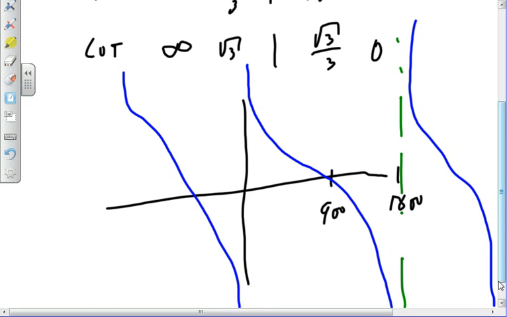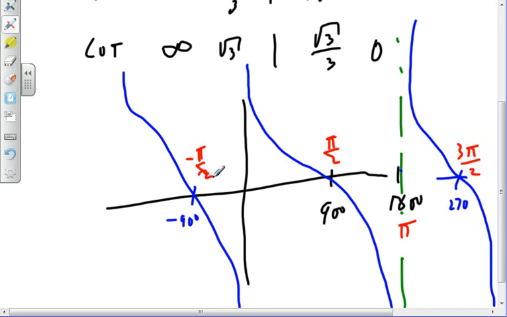If this is at 90, then that one's going to go through at minus 90, and this one over here is going to go through at 270. If we wanted to, we could write it down as minus pi over 2, pi over 2, 3 pi over 2, if we wanted to do it in radians.